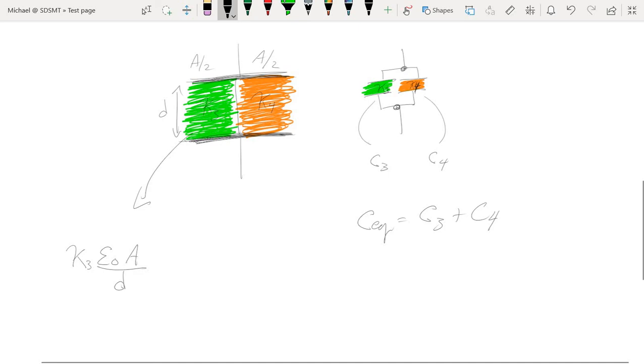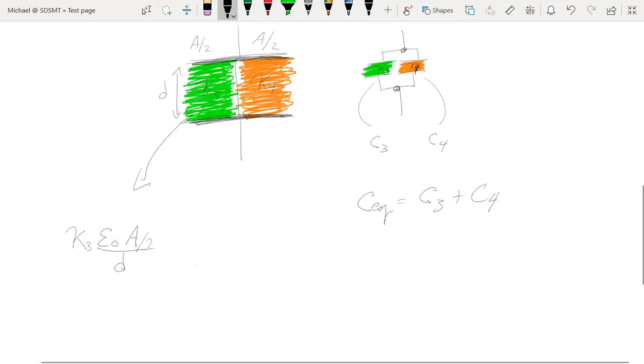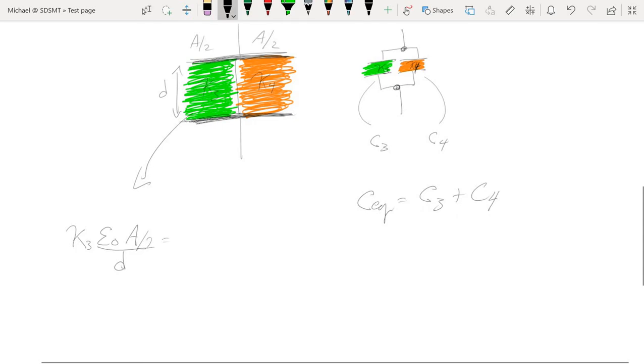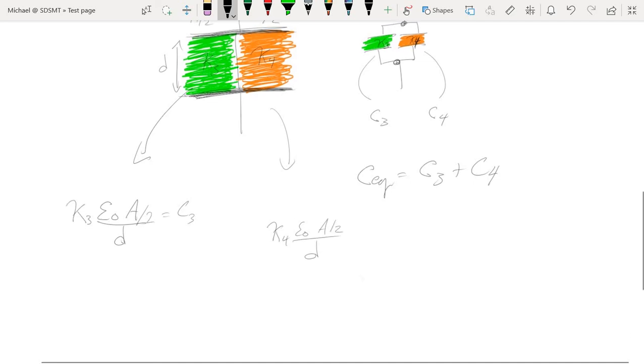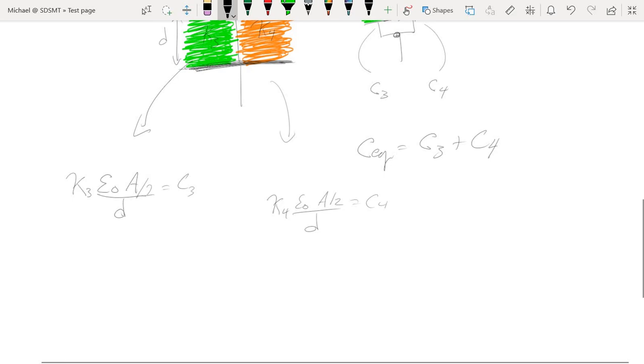Now, I am using the full depth of the capacitor, but I'm only using half the surface area. So I need to incorporate that into the equation for C3. Likewise, I have kappa 4, epsilon naught A, D, except we're only using half the surface area, and that is C4.